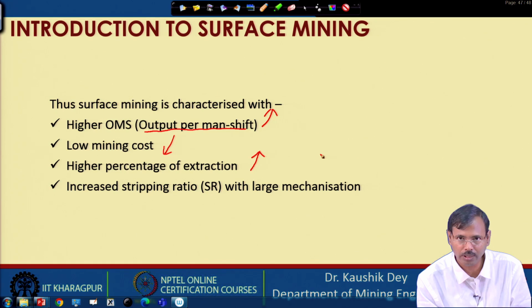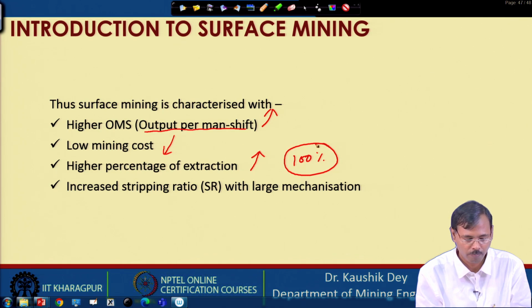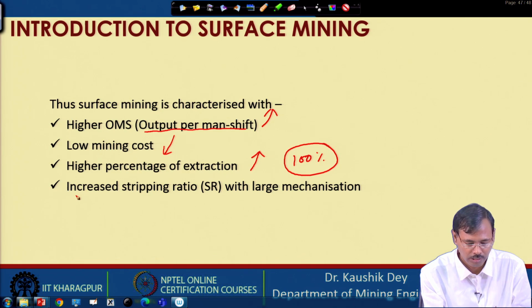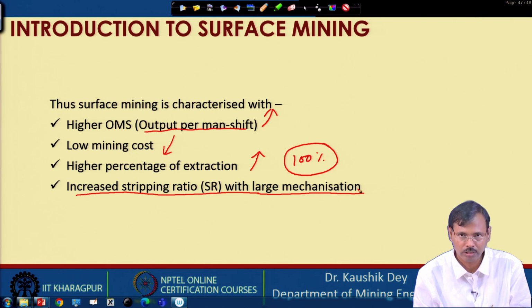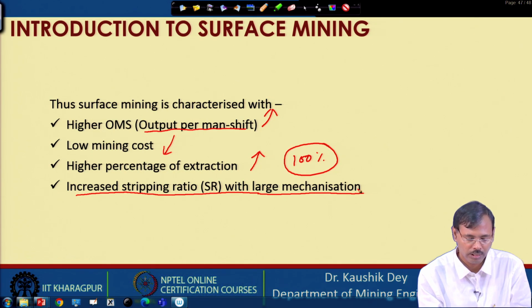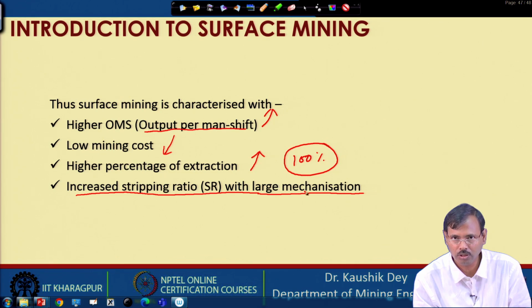So, whatever available ores are there, complete 100% excavation is possible in surface mines, and surface mining can be carried out with an increased stripping ratio if we have large mechanization.